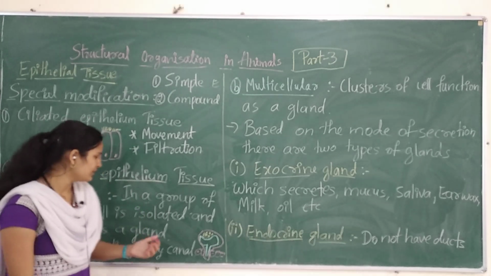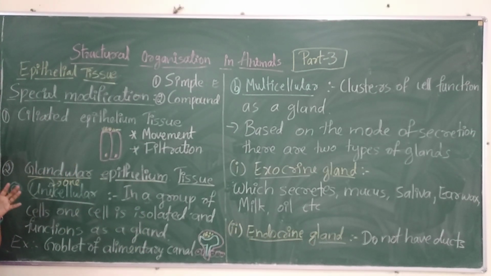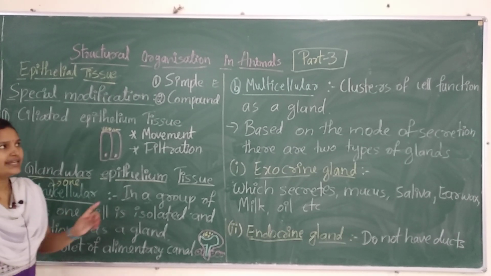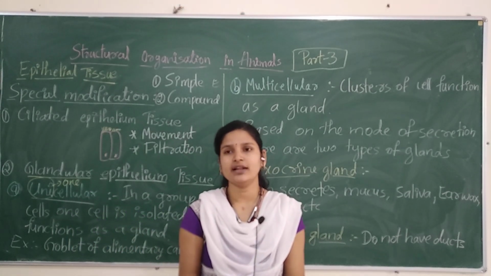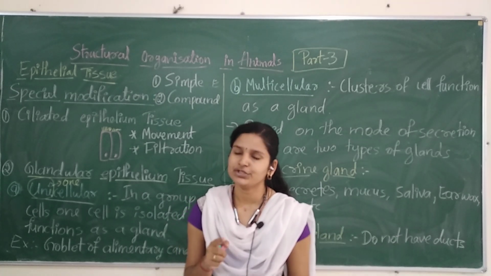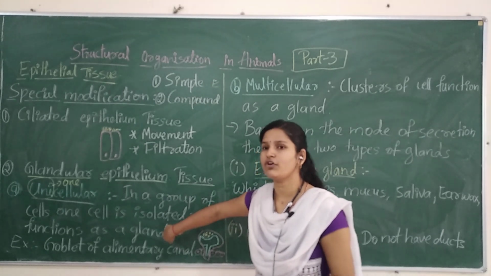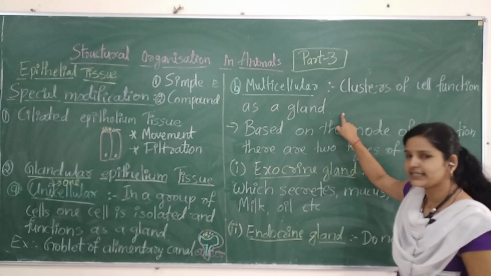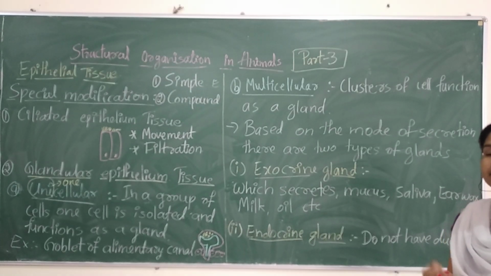See, it's simple, no? In the unicellular, uni means only one; in a group of cells, one cell becomes specialized. But when we study multicellular, there will be a cluster of cells which are going to perform one particular function. Here only one cell is involved, but in multicellular, all cells are involved to perform one particular function.